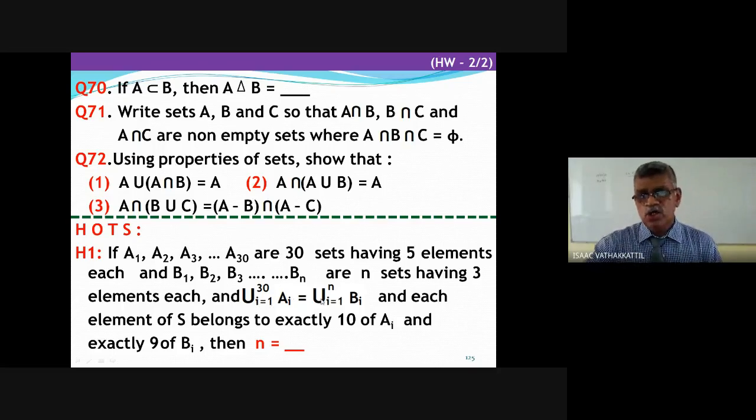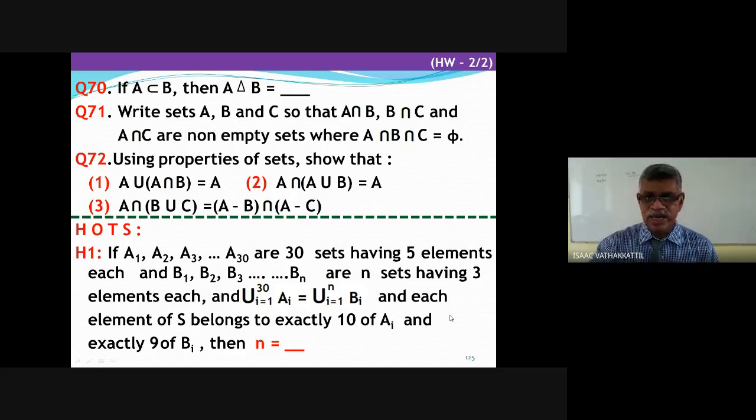is equal to union for i equal to 1 to n of Bi, that means B1 union B2 union B3 union up to Bn. They are equal. That means if you take the union, you get the same set. And more importantly, each element of the set S, actually this set is called S. Each element of the set S belongs to exactly 10 of Ai.